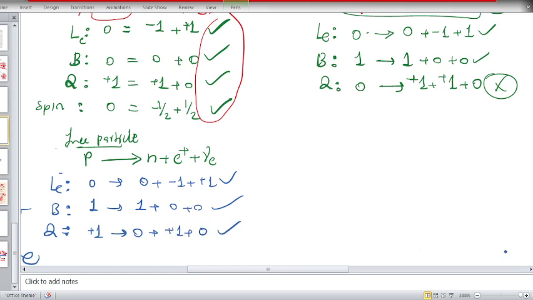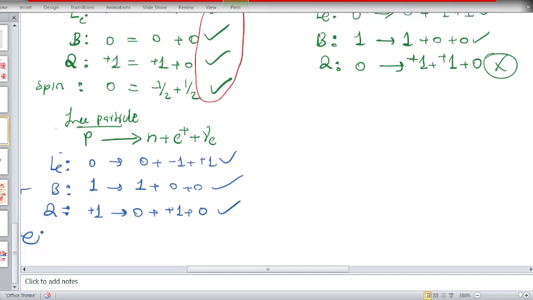The spin also will be conserved. This will be half, this half, this minus half, and this half, so those will cancel each other, and neutron and proton will be half spin. That is possible. You can take different combinations of spin, and one of them will be possible. Angular momentum also will be conserved.